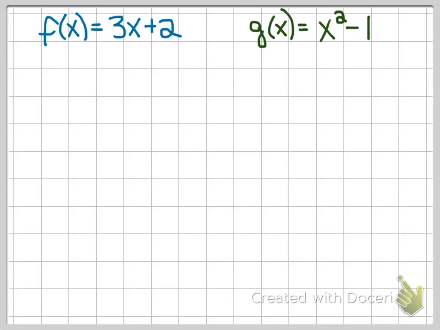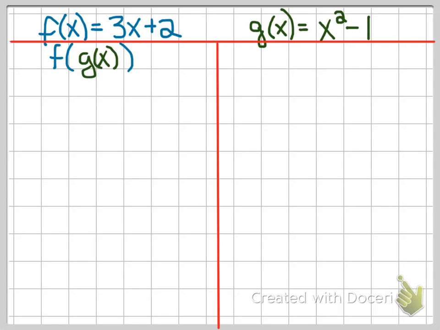To practice with this idea of composition within functions, let's take a look at this example. I color-coded it so you can see that we're going to take our entire g of x function and place it as the input within f of x. So our x is no longer our input in our f function. g of x is our input in our f function.